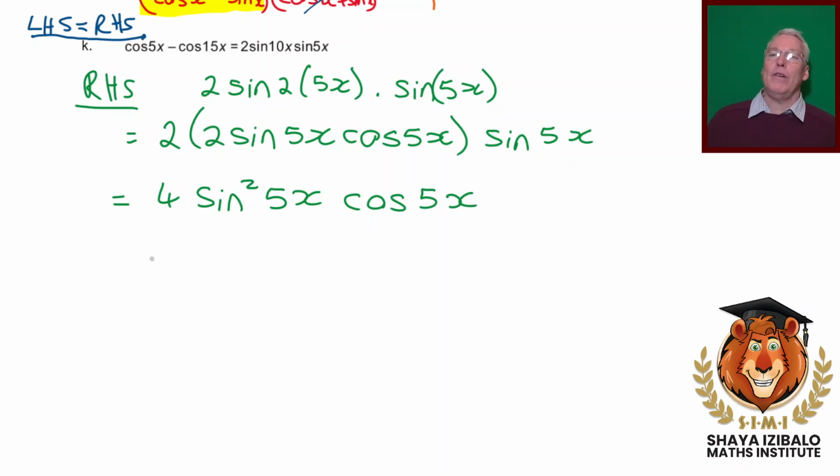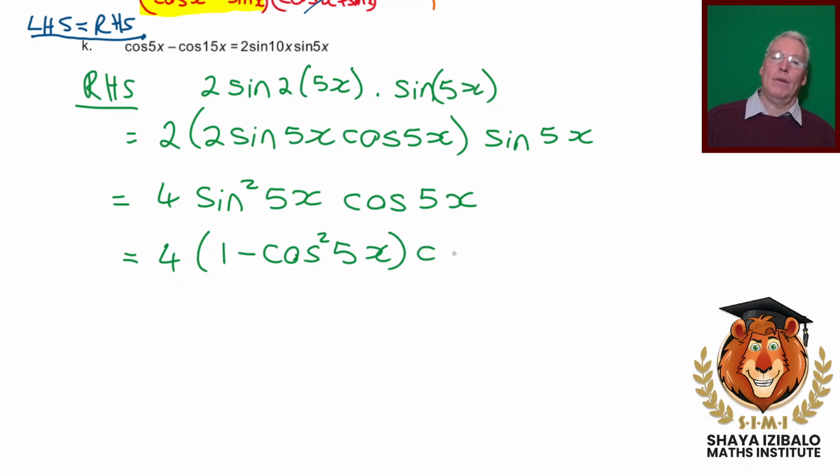Okay, that's only got one term. So let's change the sine squared 5x to 1 minus cos squared 5x. And here we've got cos of 5x.